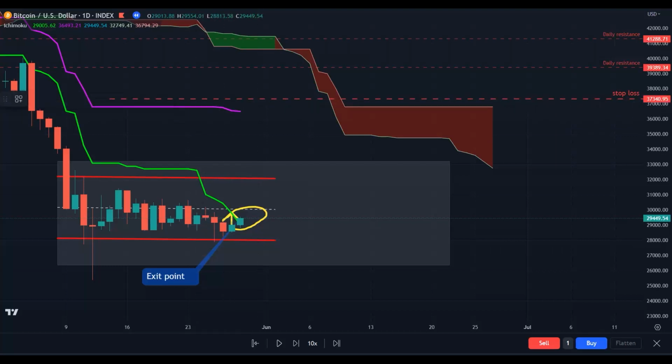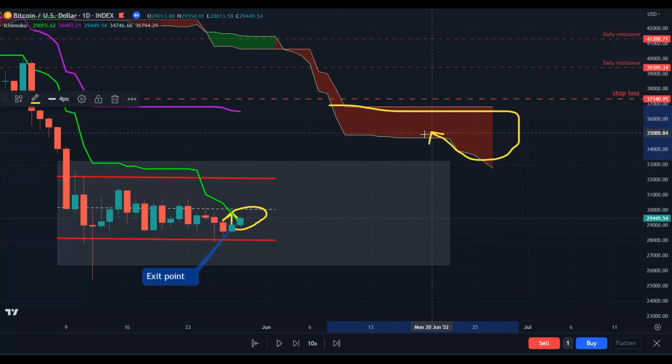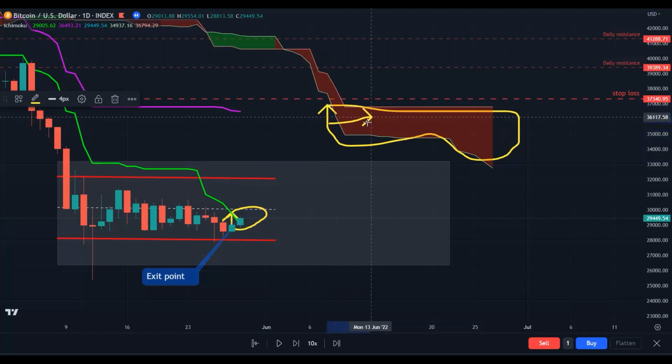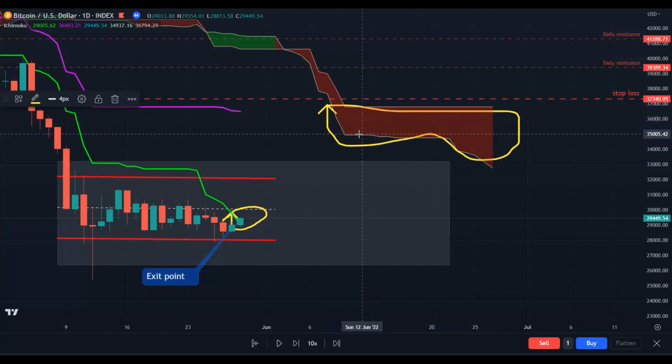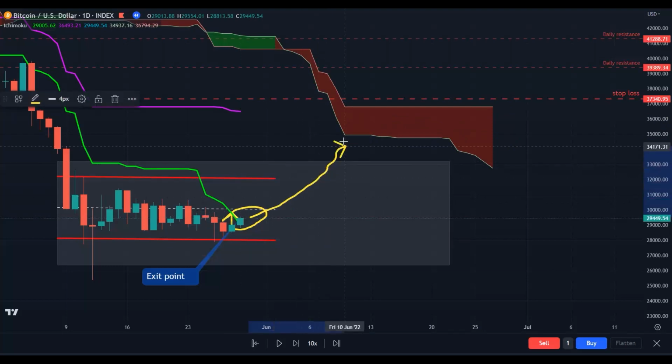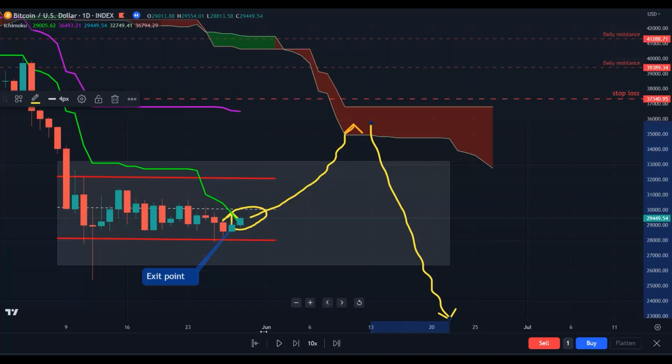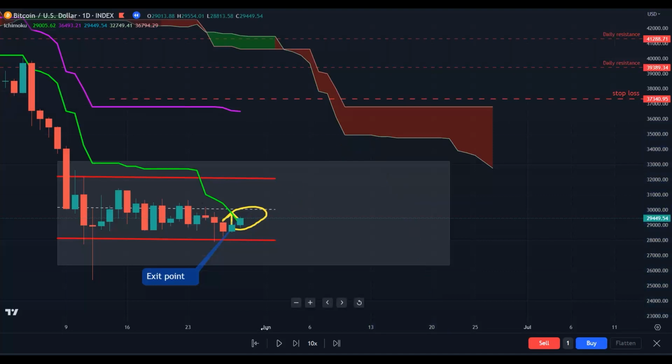Look, your stop loss is above the flat Kijun-sen, which is a strong resistance here. Also, you know that this Kumo cloud is acting as a strong resistance here. So maybe price does something like this, tests this Kumo cloud and bounces for a new low. You want to trust your stop loss in this kind of situation.